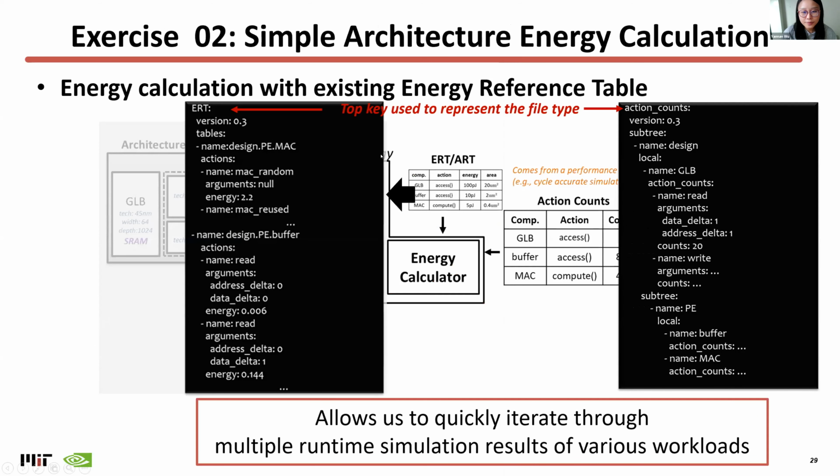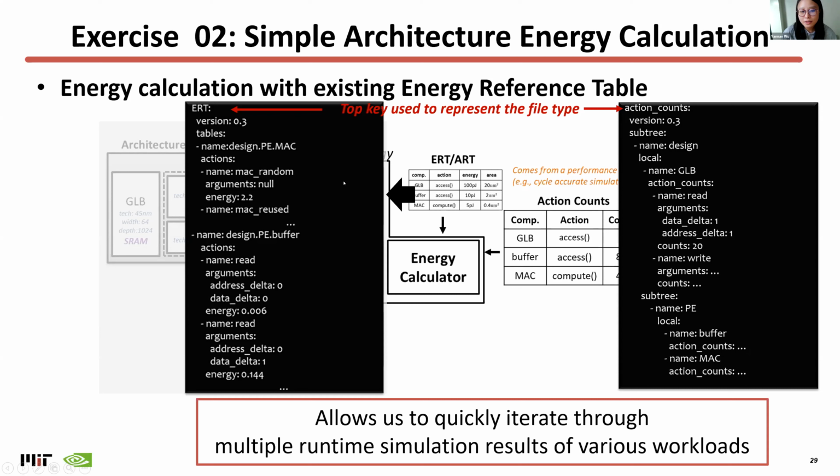So again, Accelergy will be looking at the YAML version of the energy reference table and the action counts to generate the energy estimation. One important thing is if you are running different workloads on the same architecture, your ERT table will never change because you will have the same components in your architecture, no matter what workload you run. The only thing that will change will be your action counts. So if you're running different layers of a network, the number of times the components are being operated on will be different for each layer.